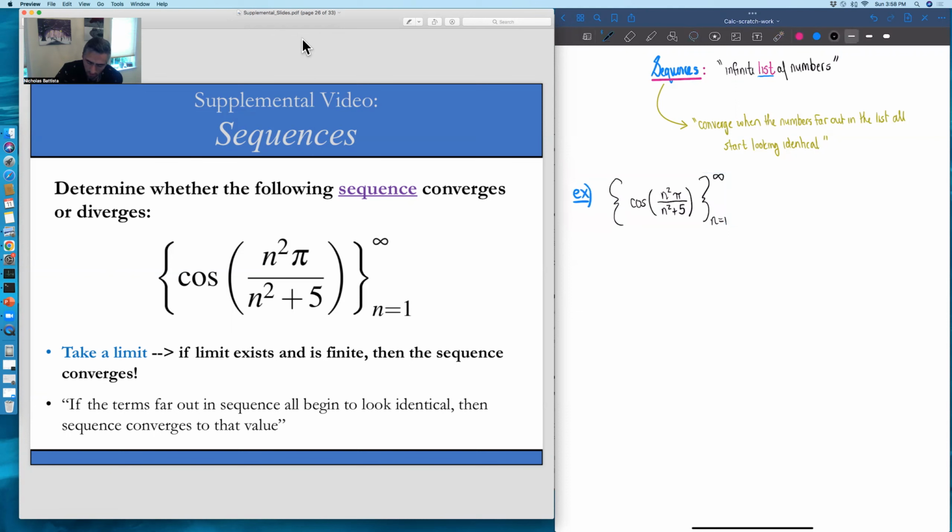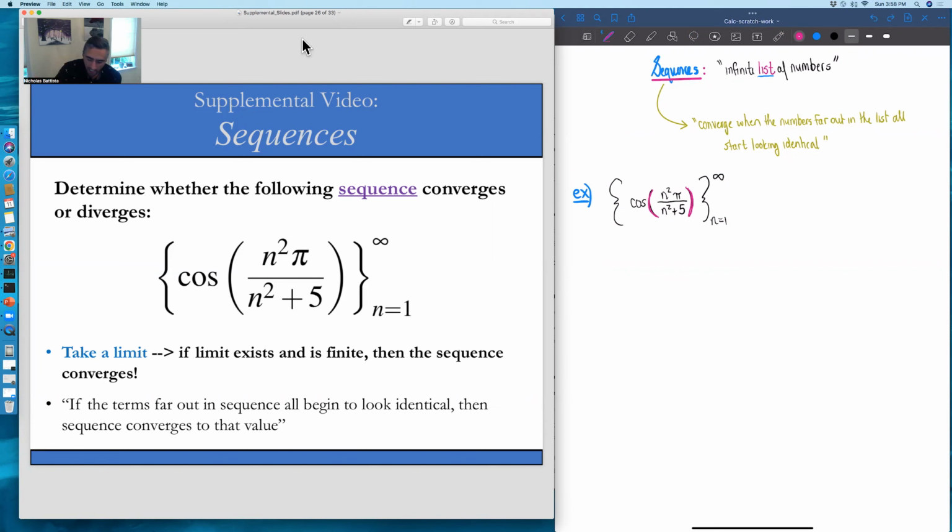So this is the sequence that we have of cosine of the quantity n squared pi, all divided by the quantity n squared plus 5. So in this particular problem, all of the n dependence is inside of the cosine. The terms in the sequence are changing by what's inside of the cosine, as in there are no n terms outside of that cosine anywhere.